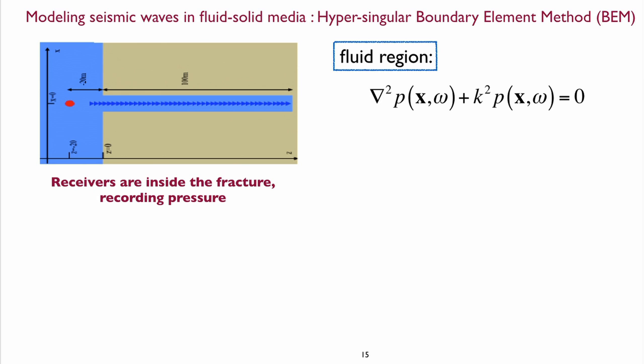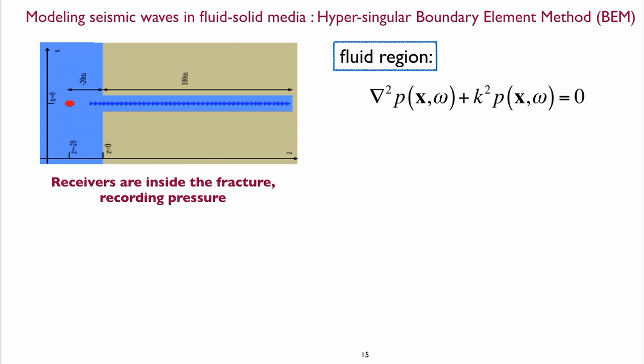First I did some benchmark comparison of waveforms with spectral element code. But in that case, I use a very thick fracture. So here's 100 meters long, I think it's 10 meters thick, but this is only for benchmark purpose. We have a source in here, and we put the receivers in the fracture to record waveforms. So basically in the fluid region, this is a frequency domain method.